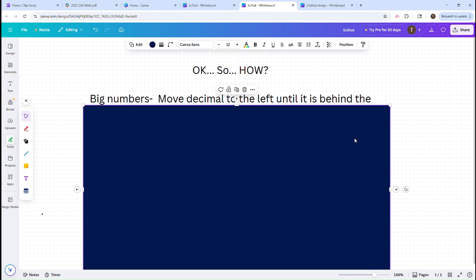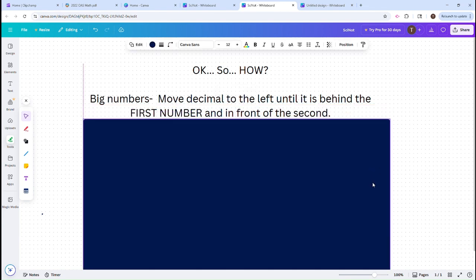Now, for big numbers, you're going to move the decimal to the left until it's behind the first number and in front of the second. For a big number, and again, that's a number that's at least 10 and into infinity, you're going to move the decimal to the left until it is behind the first digit in the number and in front of the second.